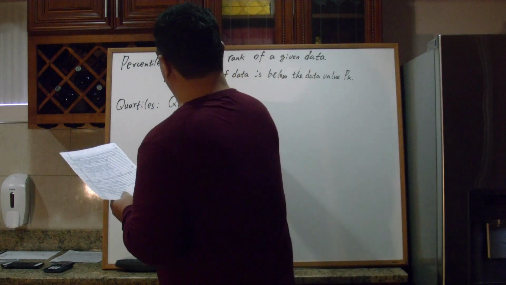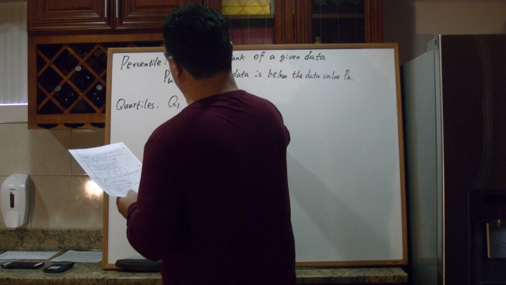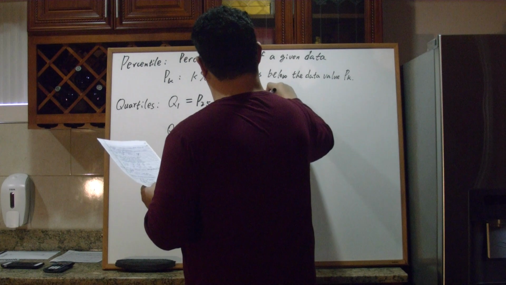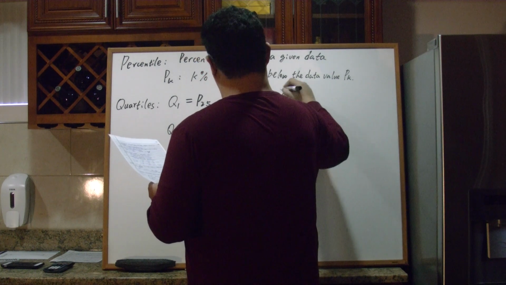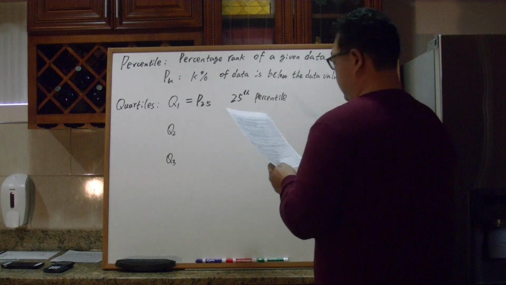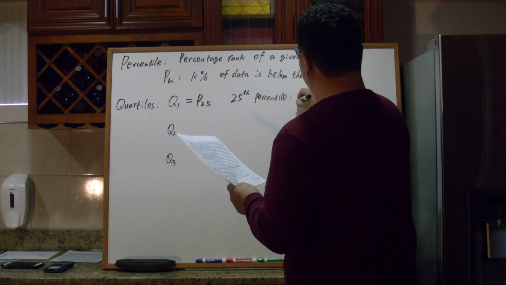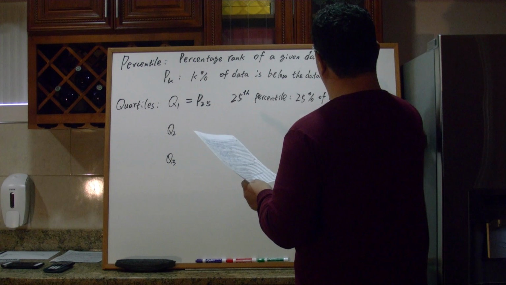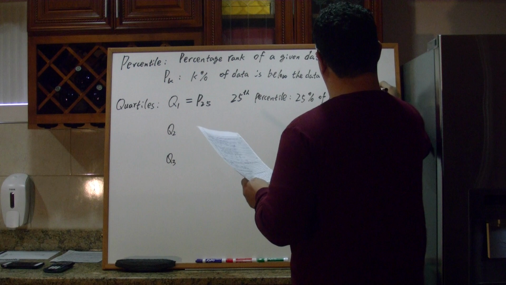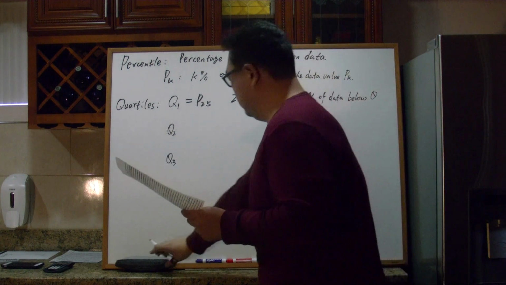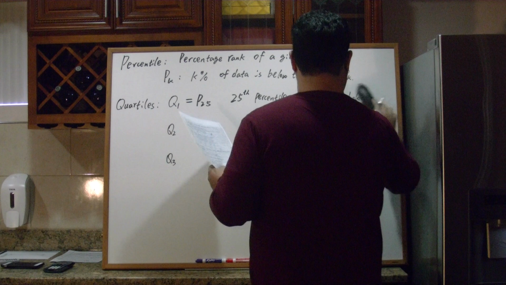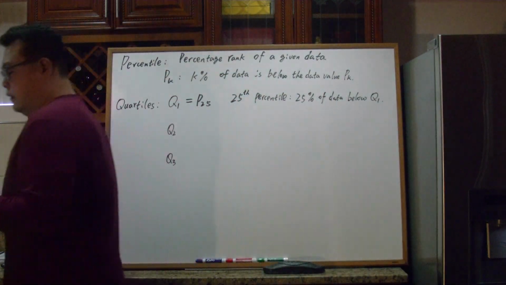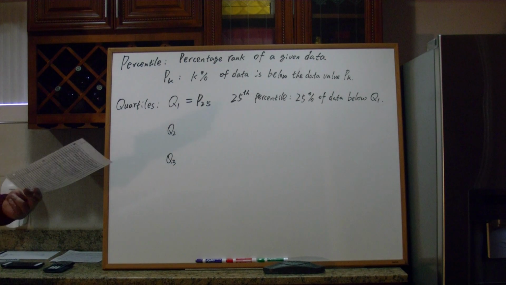The first quartile is the 25th percentile, that is 25% of data below our Q1. Right, that is the first quartile.